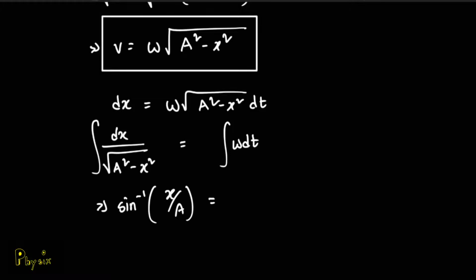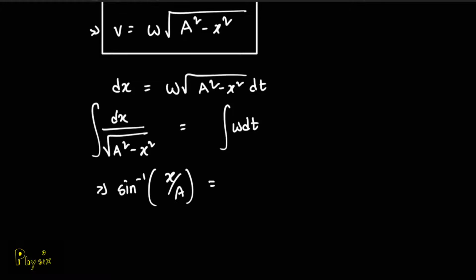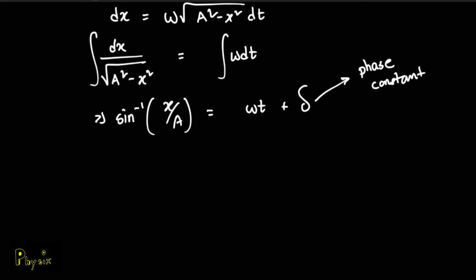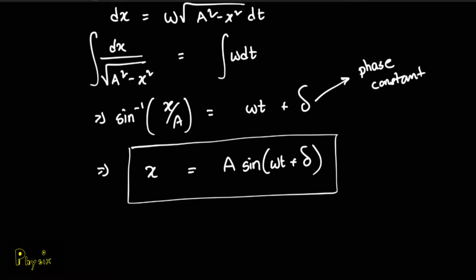equal to omega t plus the integrating constant phi, which we will later define as the phase constant. By taking the sine of both sides, we are left with x over a equals sine of omega t plus phi, and by taking the a to the other side, x is equal to a sine of omega t plus phi.